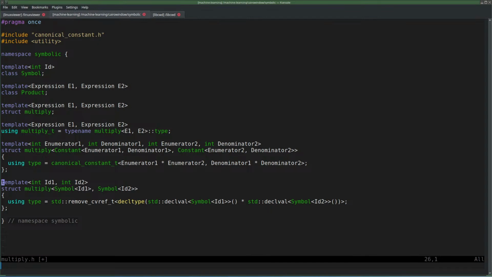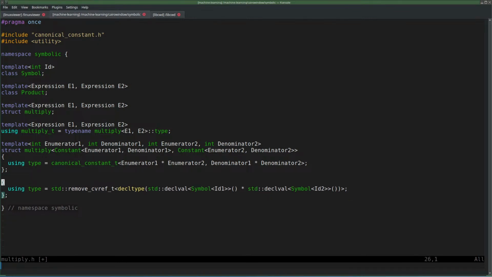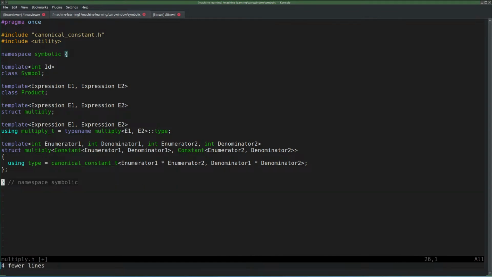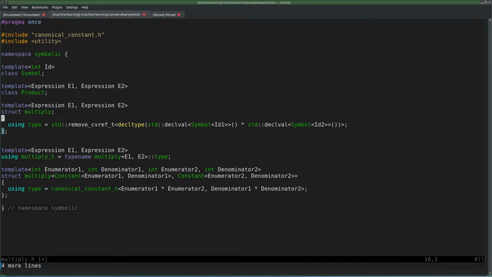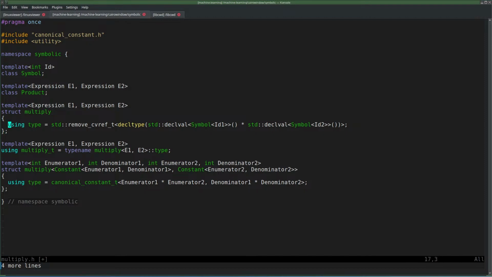Which means that this is the specialization, and this is the anything. So let's not do this, we just do this. So now it's the default way, and then it's specialized for two constants.